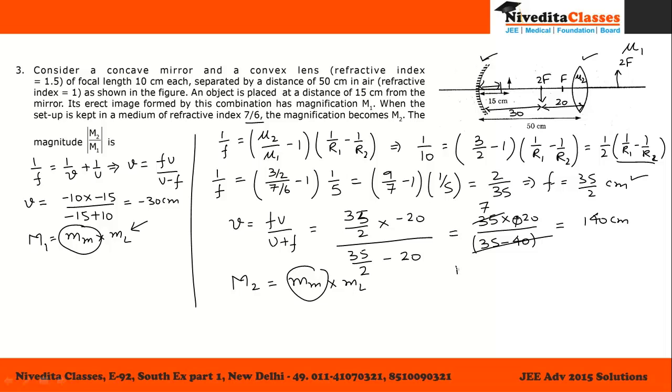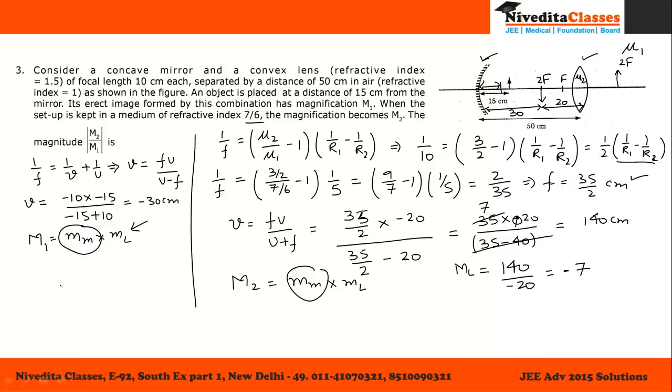In the second case we can see that the magnification due to the lens is equal to 140 divided by minus 20, which is equal to minus 7.